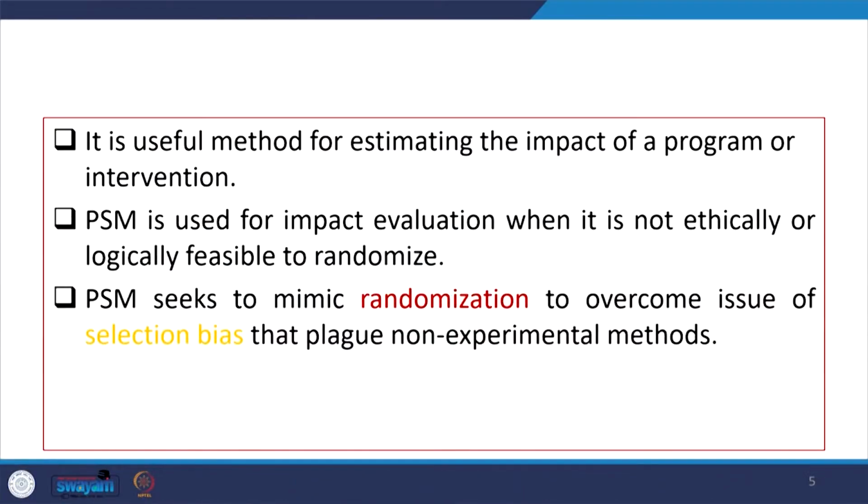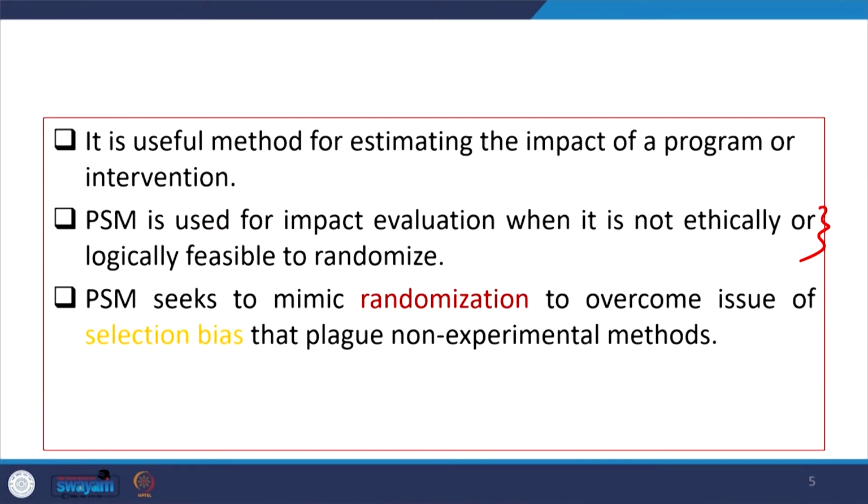The researcher can use these matches to estimate the impact of an intervention, and it is one of the useful methods for estimating the impact of a program or intervention. PSM is used for impact evaluation when it is not ethically or logistically feasible to randomize. In reality, as we are going to discuss randomized control trials in our next class, randomization is really difficult.